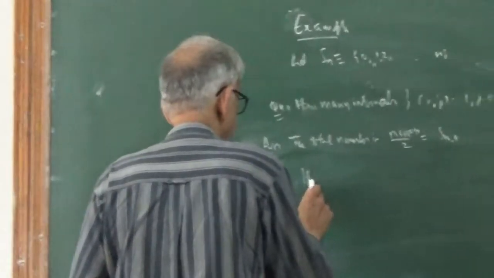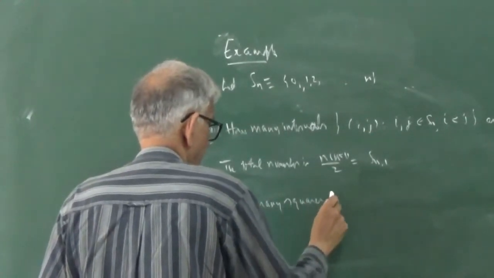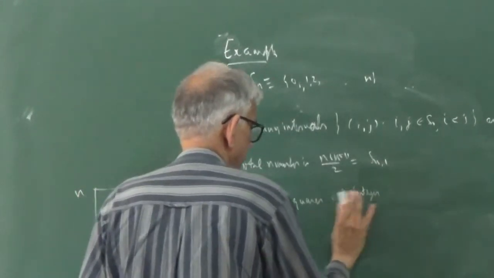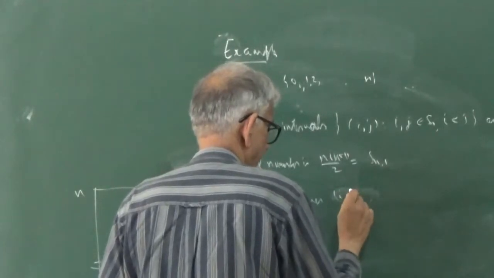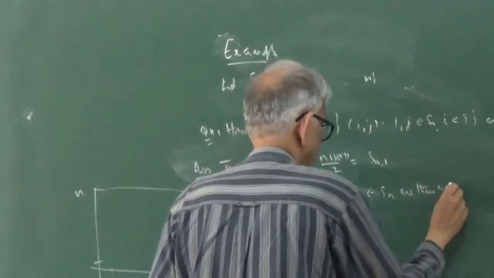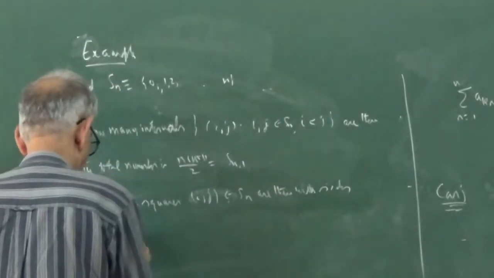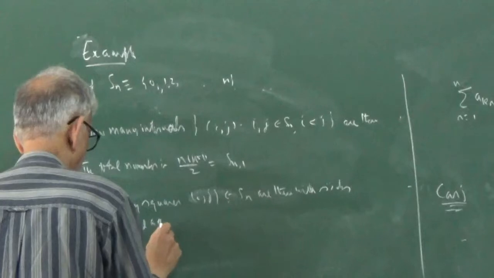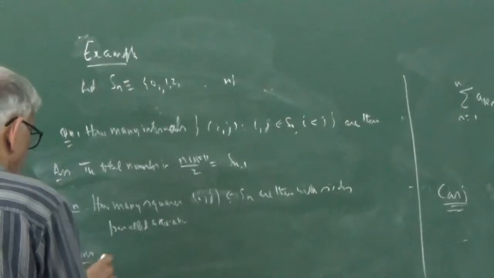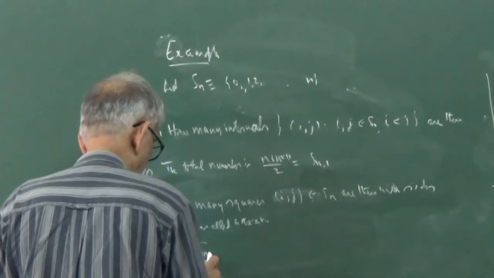And the question: how many squares with integer coordinates, with i, j belonging to Sn, are there, with sides parallel to the axes? The answer is that the number of such squares is exactly Sn2.